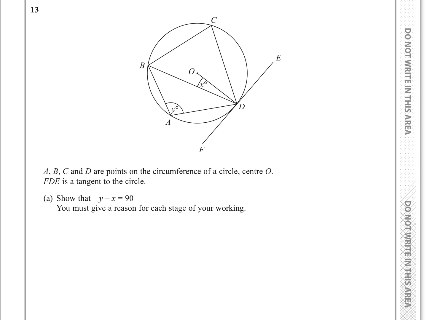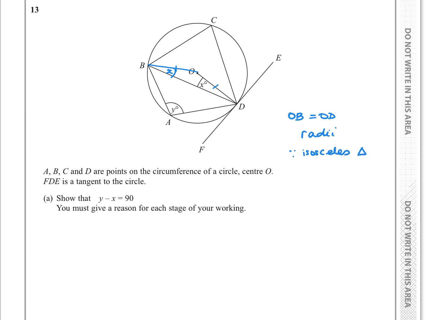Question 13. A, B, C and D are points on the circumference of a circle, centre O. FDE is a tangent to the circle, and we've got to show that y minus x equals 90. Well, I won't write all the reasons out in length, but if we start off by saying that OB equals OD, radii, then we can say that this angle is x also, because we have an isosceles triangle.